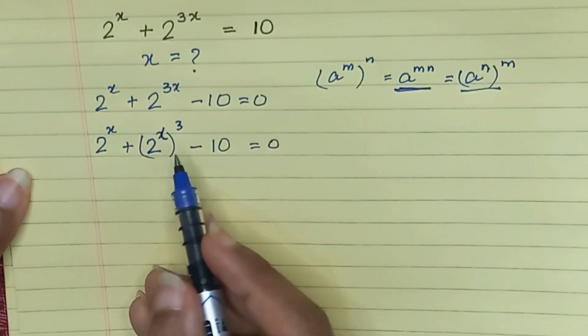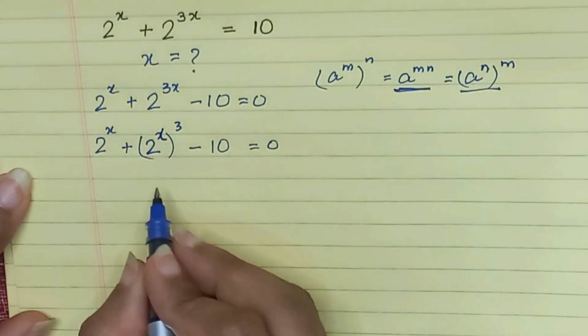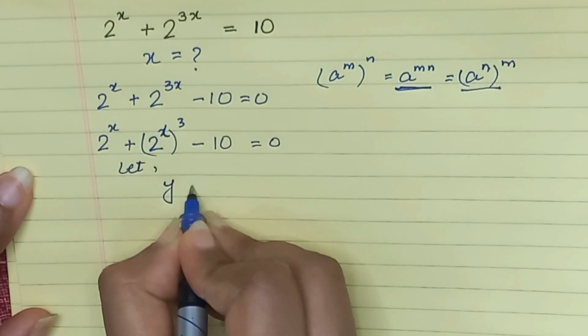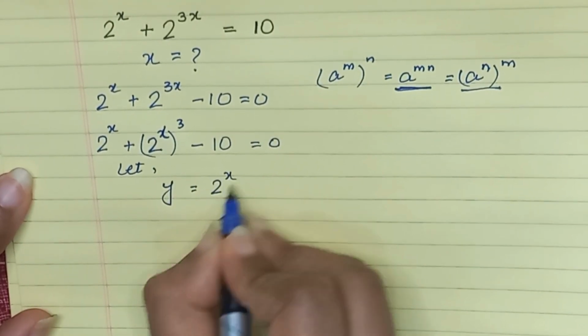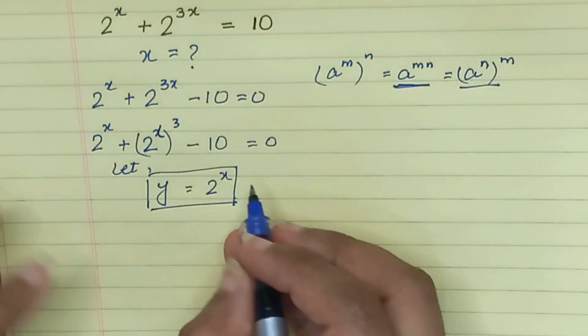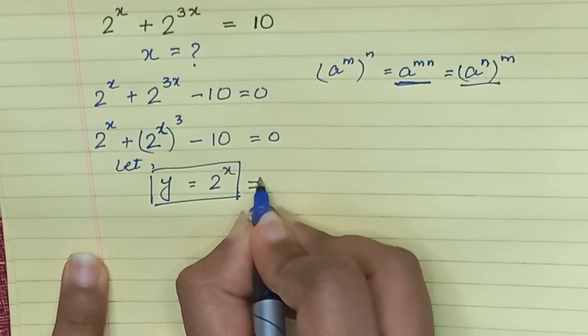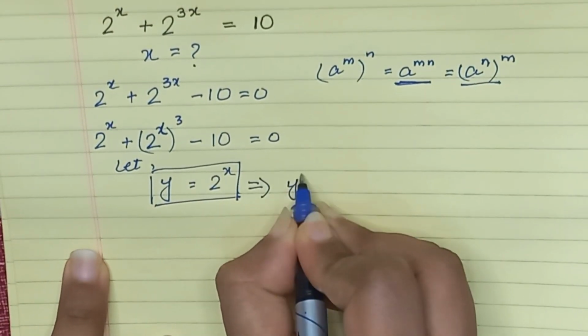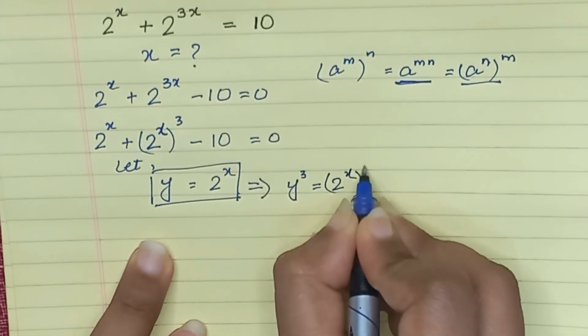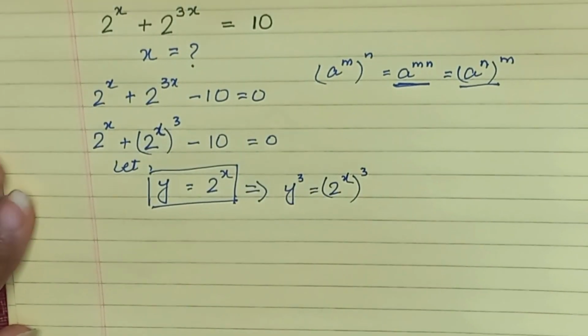Here 2^x and 2^x are the same. Let y be equal to 2^x. So from here, y cube will be equal to (2^x)^3.